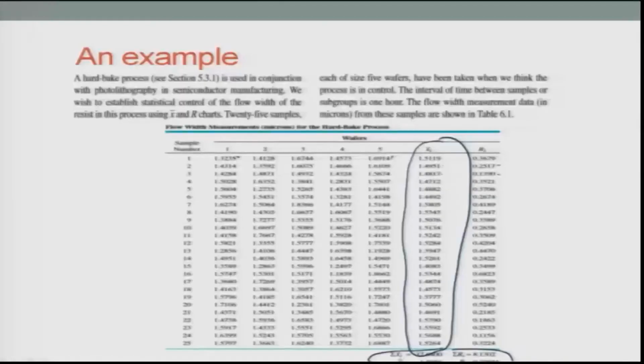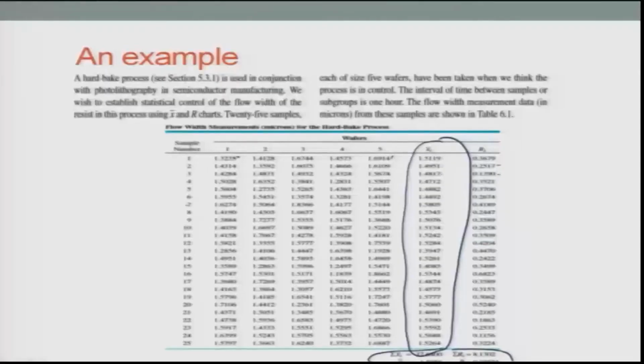Similarly, 1.5805 gives the average of the seventh set of observations, where each set has 5 observations. Similarly, I have the ranges which I already mentioned. So x bar bar means the sum of all these averages divided by 25, which comes out to be 1. Let me highlight it, it will be easier.